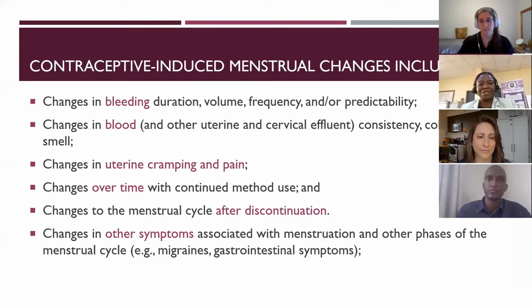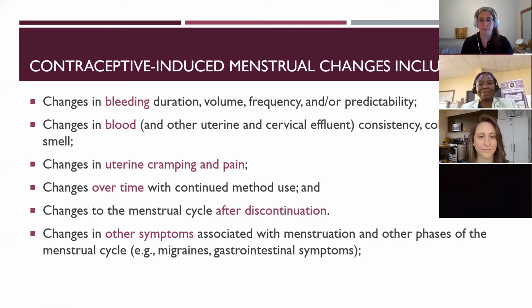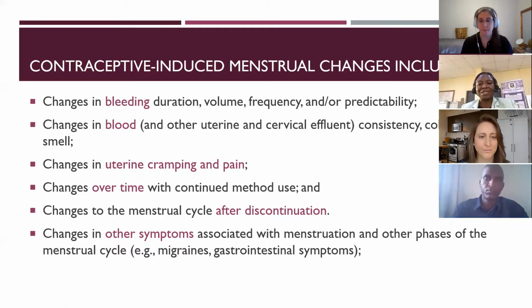And these changes will vary from one user to another, and they include changes in the duration, the volume, the frequency or the predictability of the bleeding, changes in the consistency of the blood, changes in uterine cramping, and changes in pain. There could be changes over time with continued use of a method. There could be changes to the menstrual cycle after discontinuing a method. And there could be other changes in symptoms that are associated with menstruation and other phases of the menstrual cycle, such as migraines.